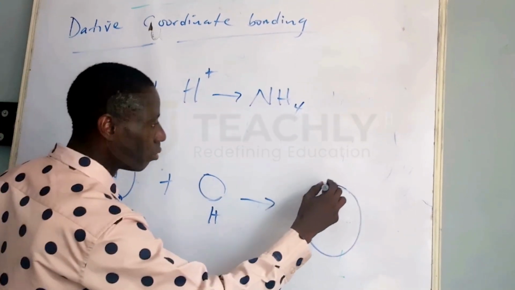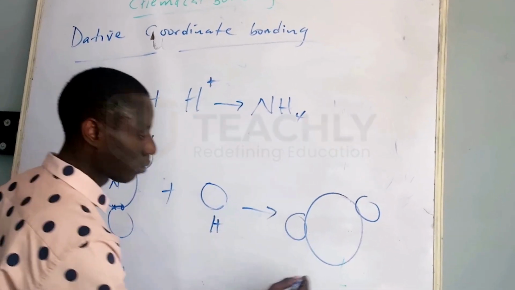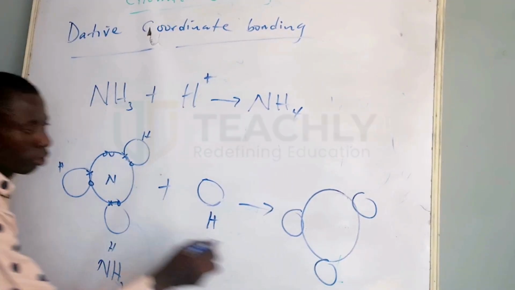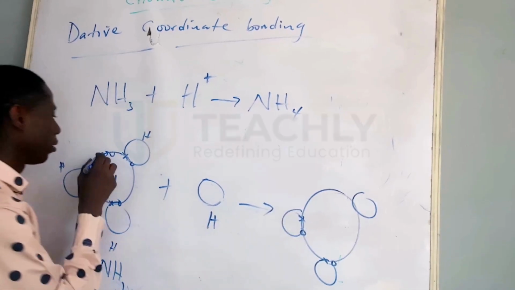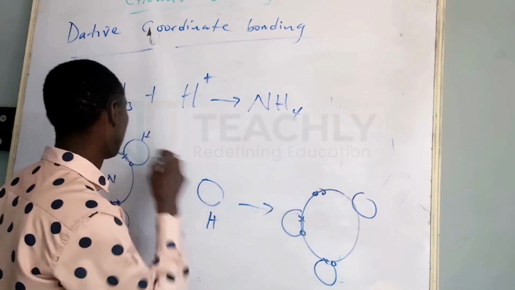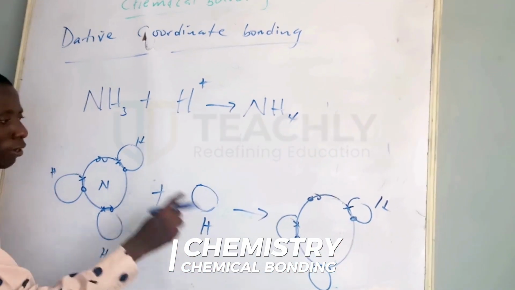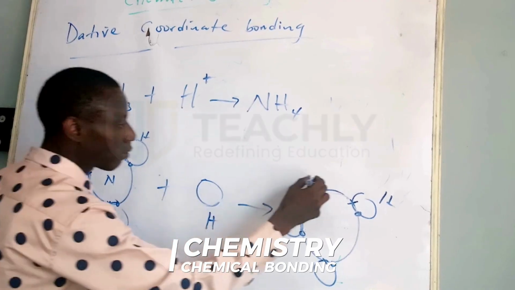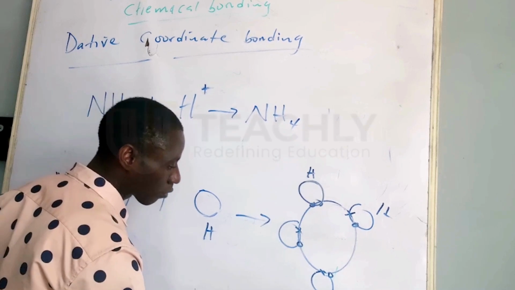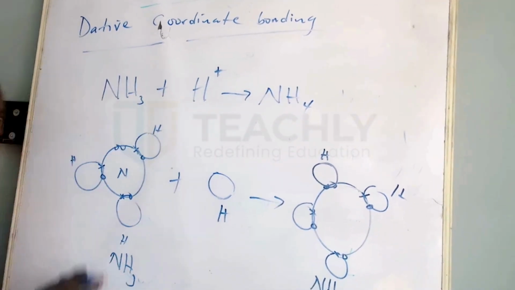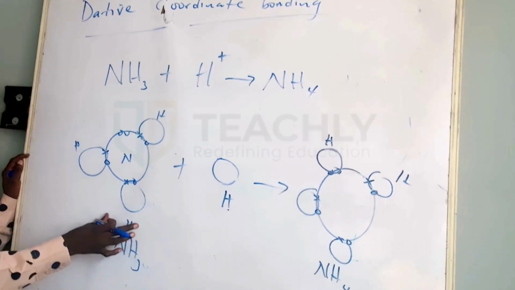The hydrogen ion pairs with this pair of electrons and reacts to give us NH4. So you can see that in NH4, ammonium, hydrogen ion reacts with ammonia.